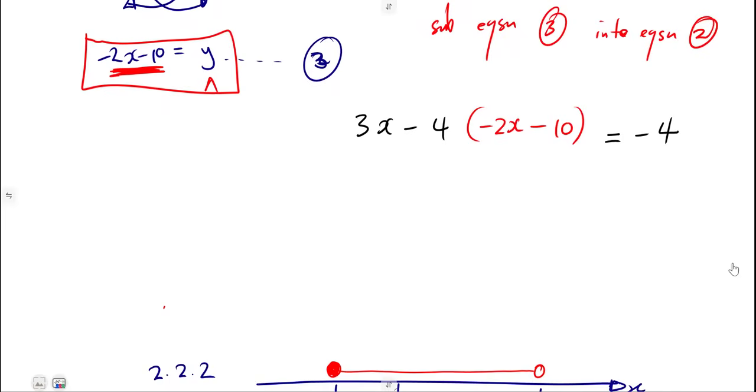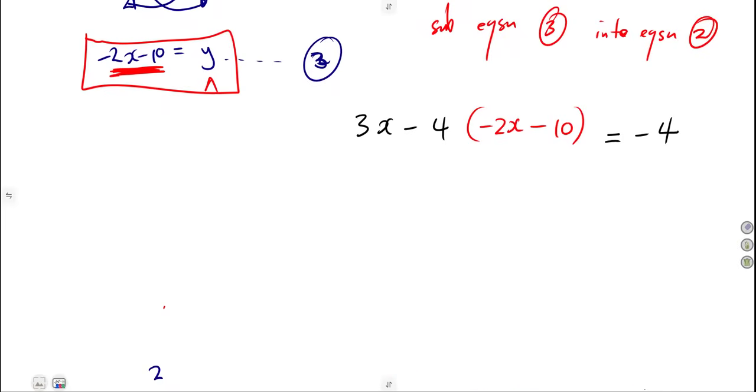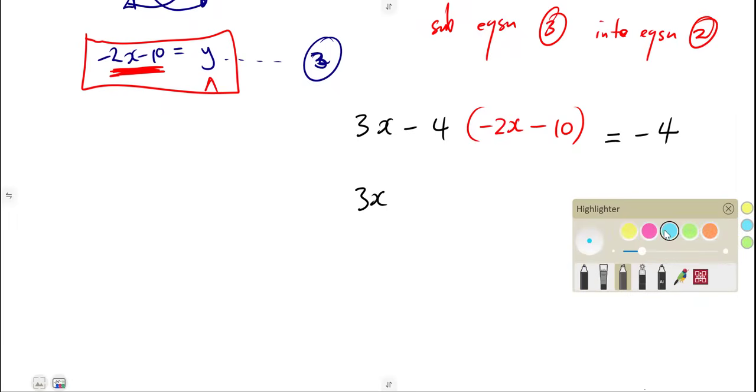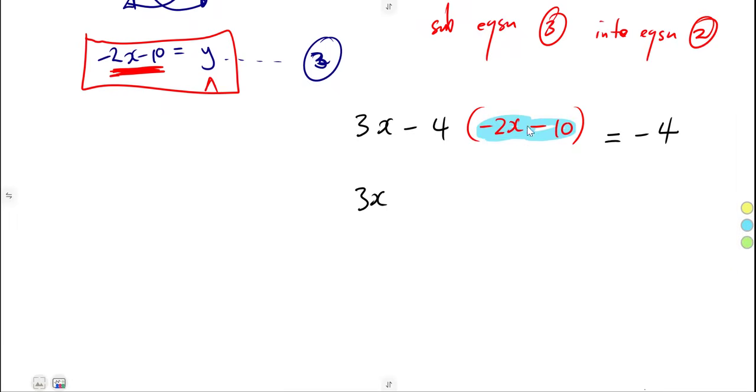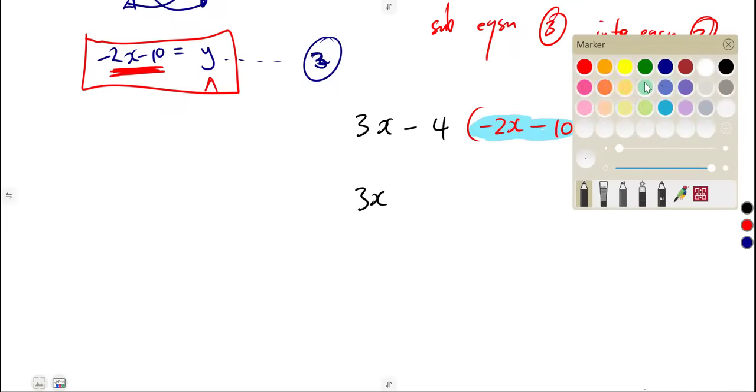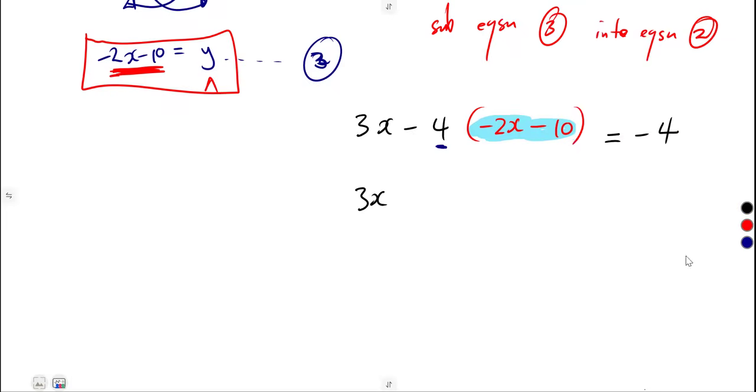As we can see, we've got a linear equation with only x. So we can solve for x, expand the brackets. As we can see, there is a -4, which is to expand our brackets here. The number that is on the bracket is what? -4. So you expand by that. -4 times -2x, negative times negative, that's positive 8x. -4 times -10, that's a positive 40.